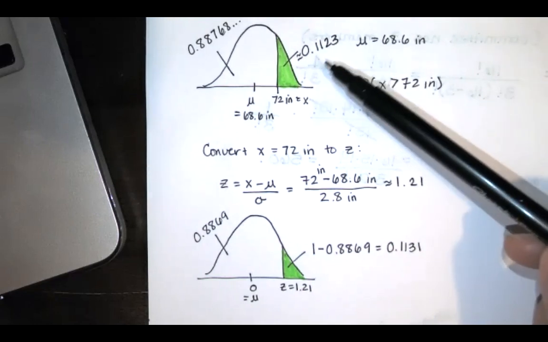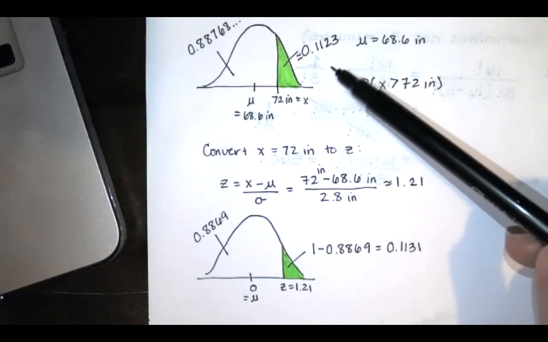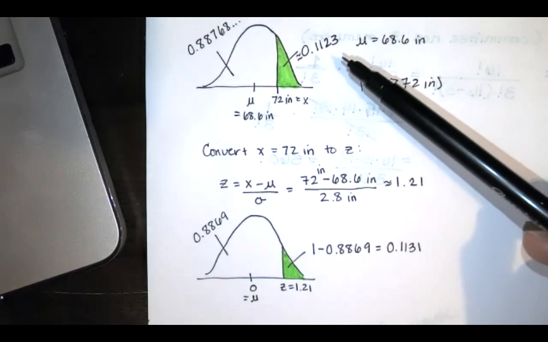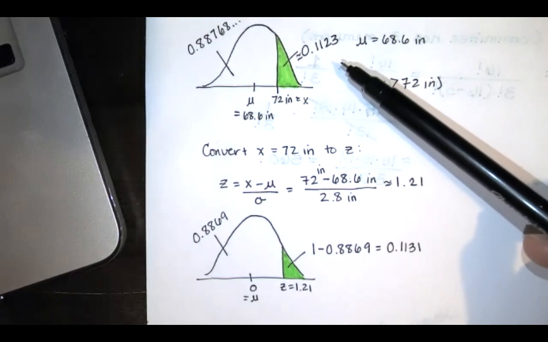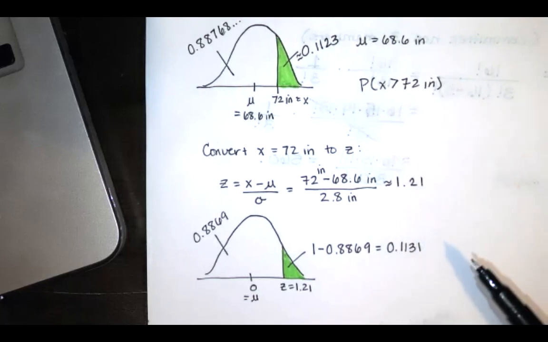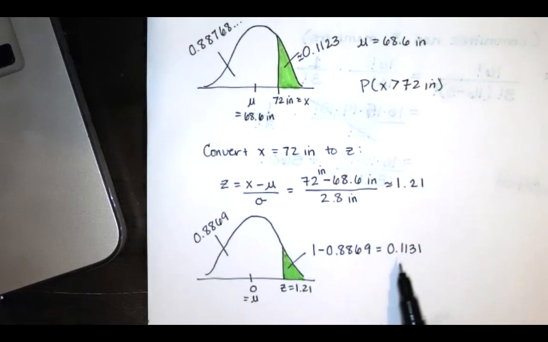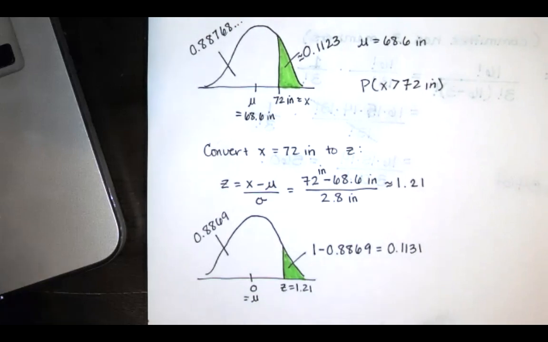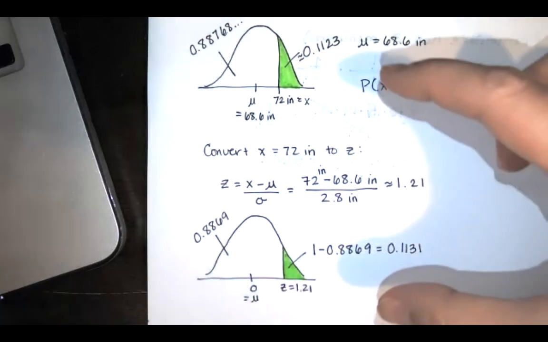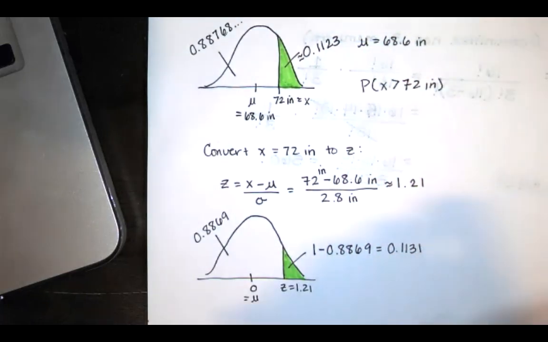So if I'm trying to be accurate, I would want to use technology to get this answer. But if I am limited by the fact that I'm using a table, then this is close enough for us. So we would say that the area to the right is 0.1131 according to our table. And for an exam, either one of these would be fine.